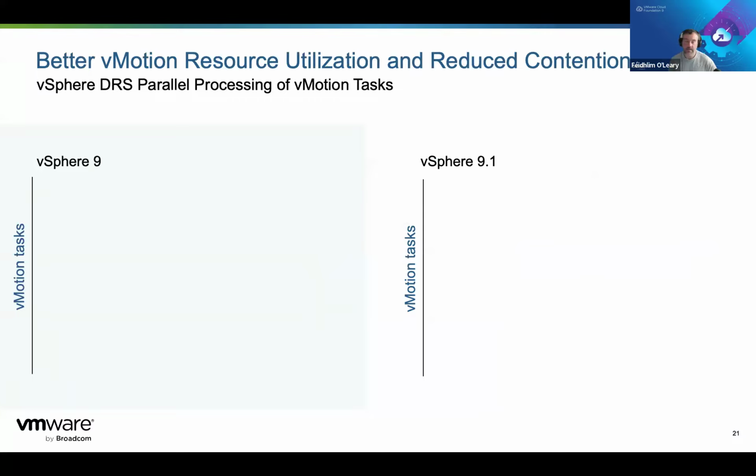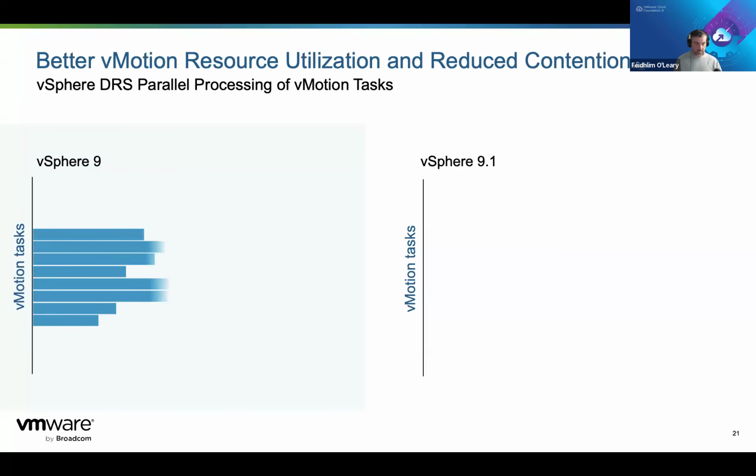And the other thing that'll benefit maintenance mode is the batch processing of vMotion tasks. Today, the out of the box default for concurrent vMotions is 8 vMotion tasks at a time for a particular host.